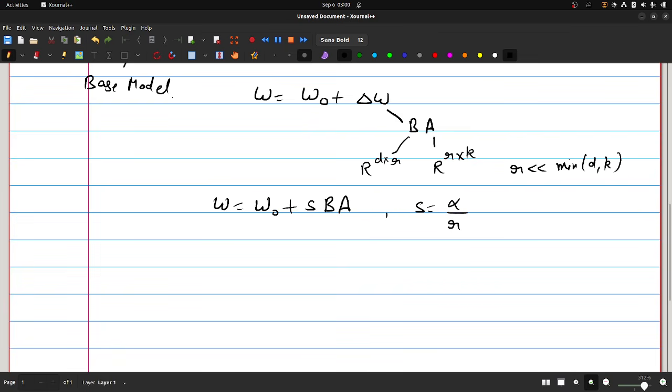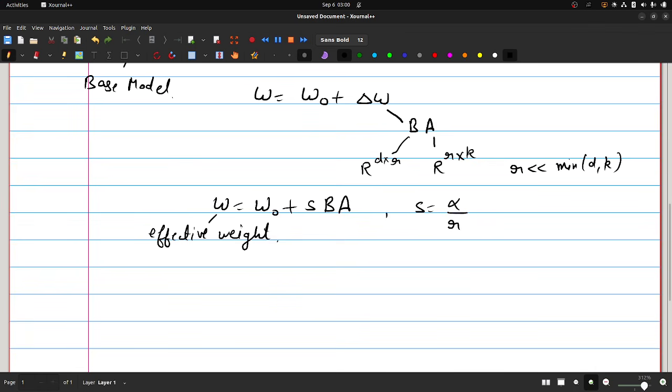So this W is your effective weight, and this W0 is the weights of the base model, and B and A are small matrices.